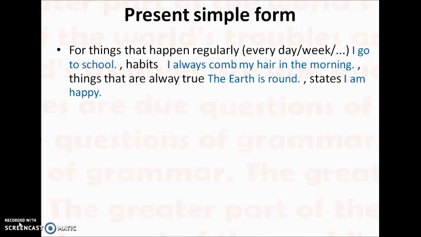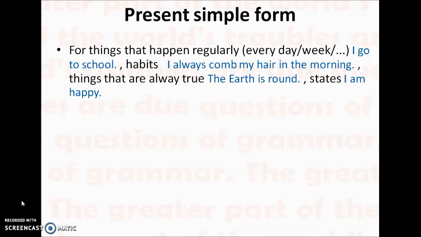Then we use it for talking about habits, like I always comb my hair in the morning. We use it for things that are always true, like the earth is round. And we use it for talking about states of being, like I am happy.